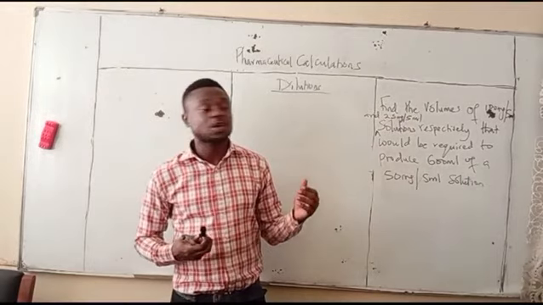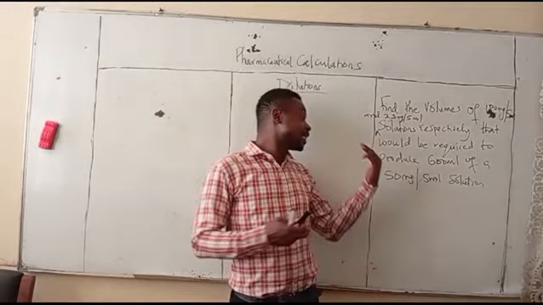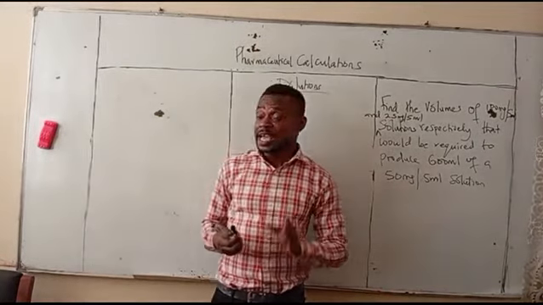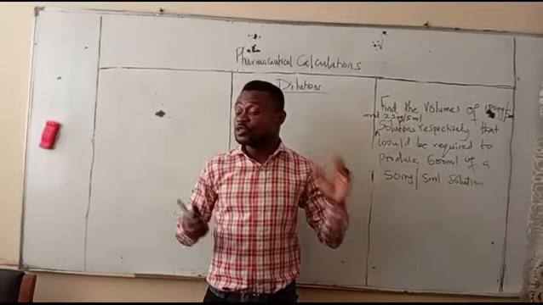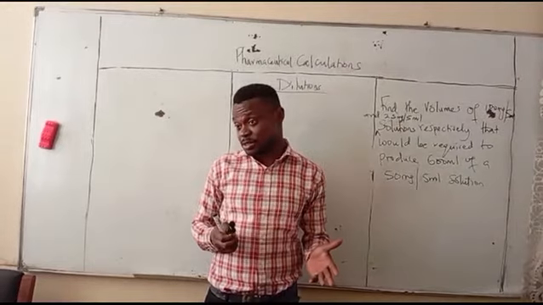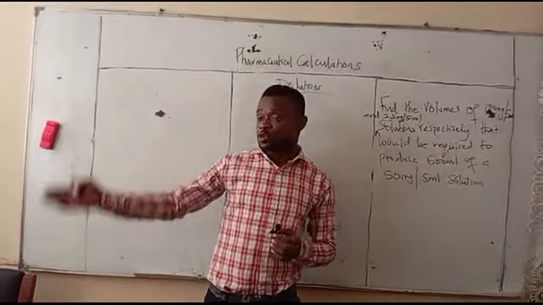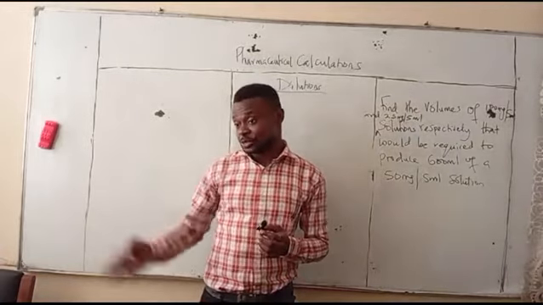You can have the one we call allegation alternate and allegation media. This is an example of allegation alternate, where you don't know the proportion or the volumes of the two solutions you are mixing, but you know their concentration. Then the final solution you produce by mixing them, you know the volume and the concentration.